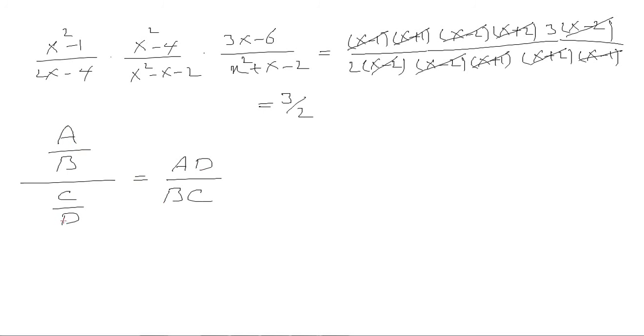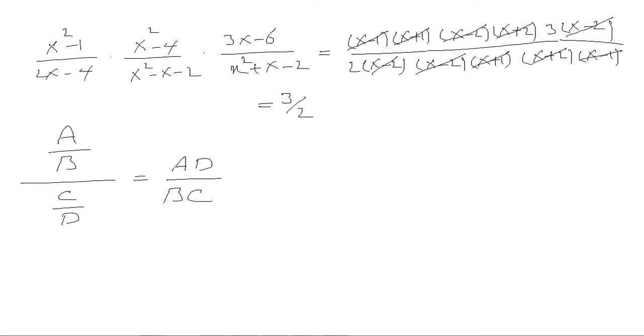So the only thing you need to do is to multiply the two polynomials that are farther away from each other, put that in the numerator, and the ones that are closer to each other, you multiply them and you put that in the denominator.